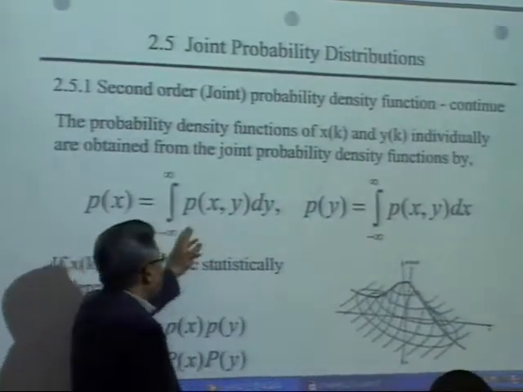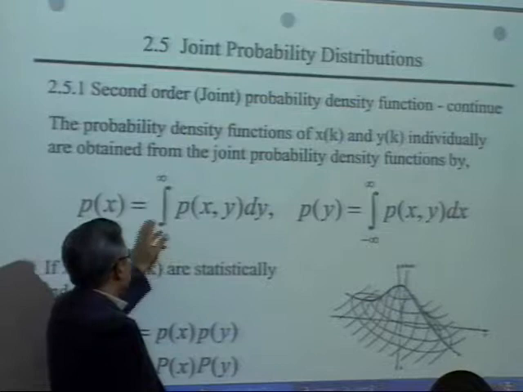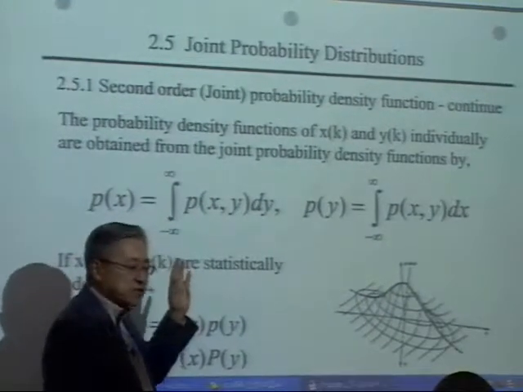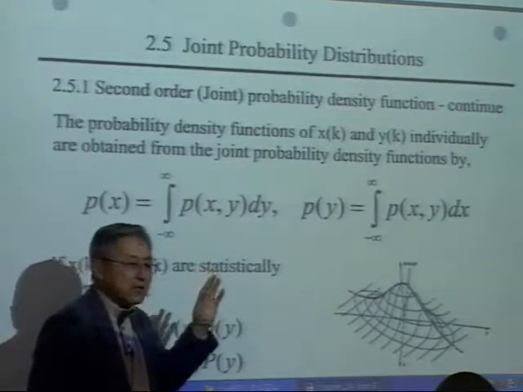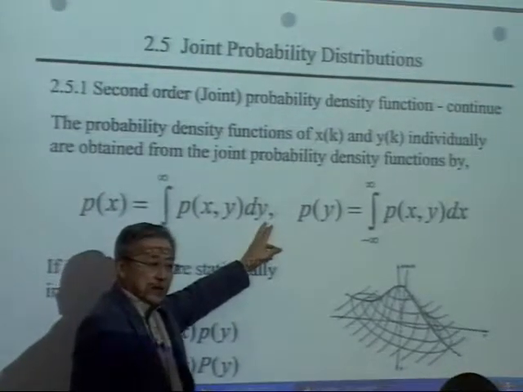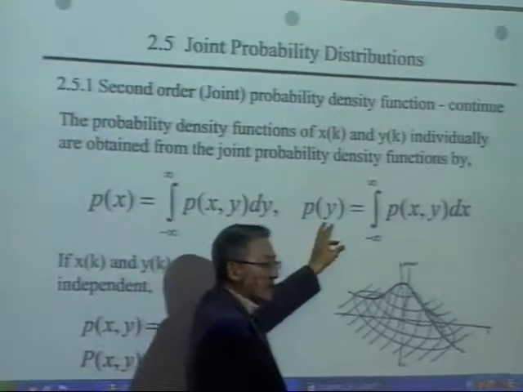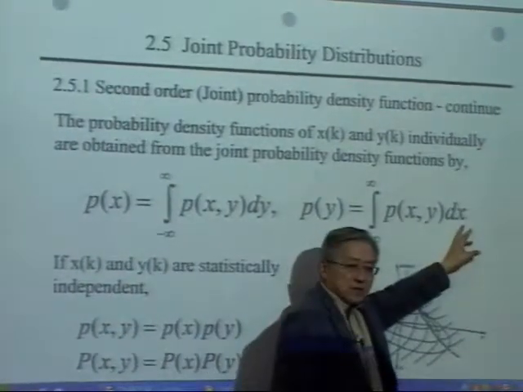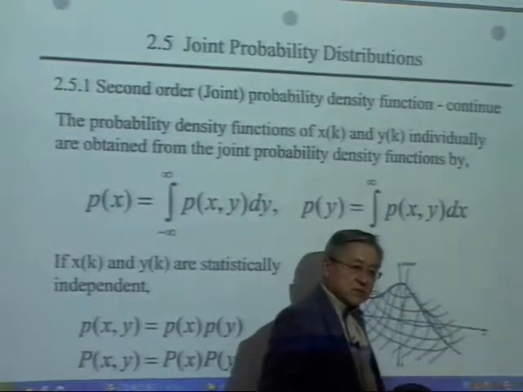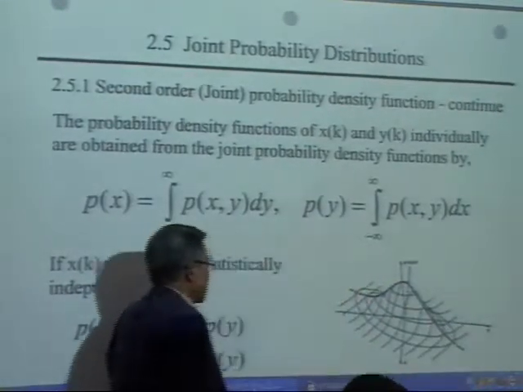So to get the probability density function of x, you integrate out y. And for y, you integrate out x. Sometimes that's useful.